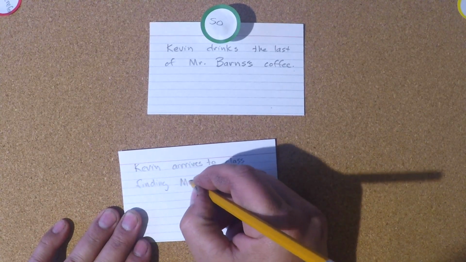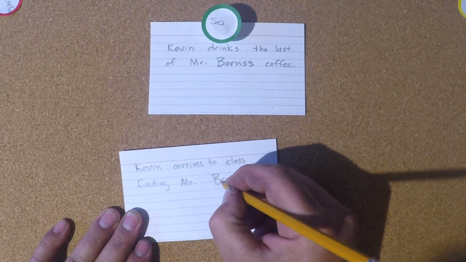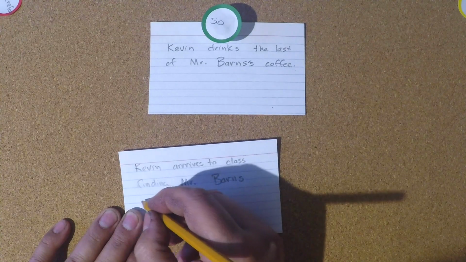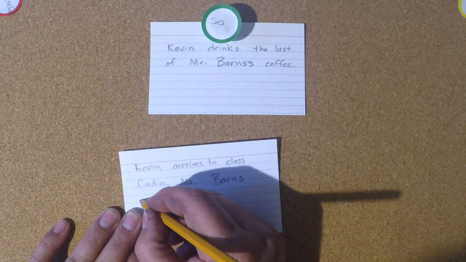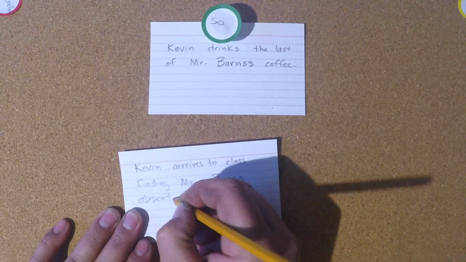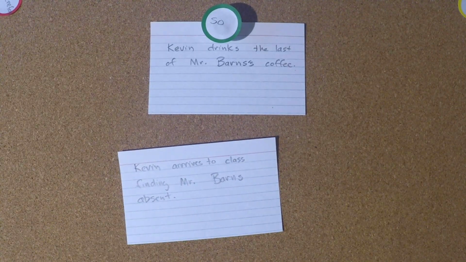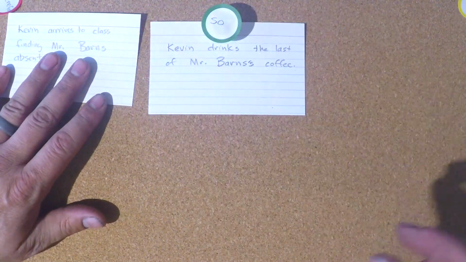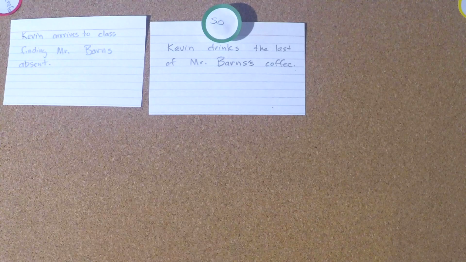finding Mr. Barnes absent. So Kevin gets to class before Mr. Barnes. This is going to happen before this one happens.